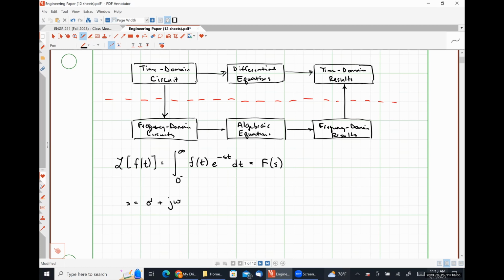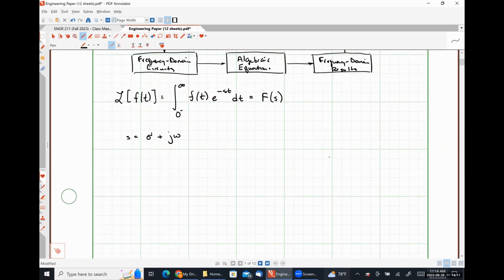Not all signals or systems have a Laplace transform. In order for the Laplace transform to exist, the integral needs to converge. Okay, so the convergence condition is as follows. The integral from 0 minus to infinity of the magnitude of f of t e to the negative st dt. Sorry, that should be a t and not a tau.